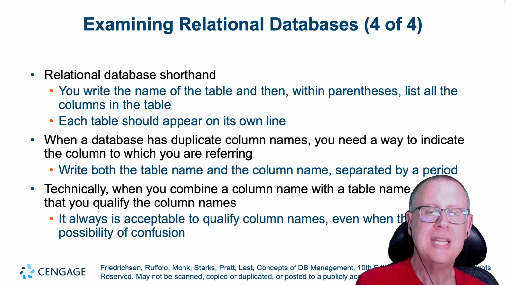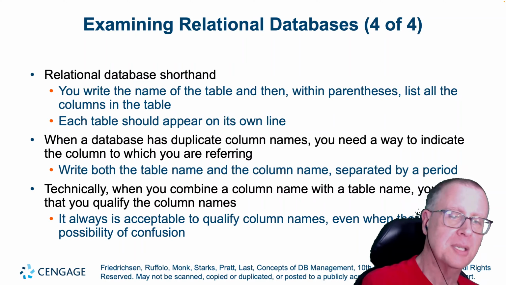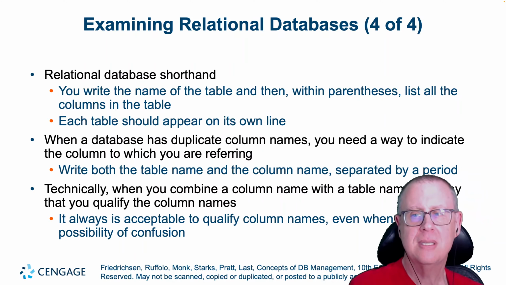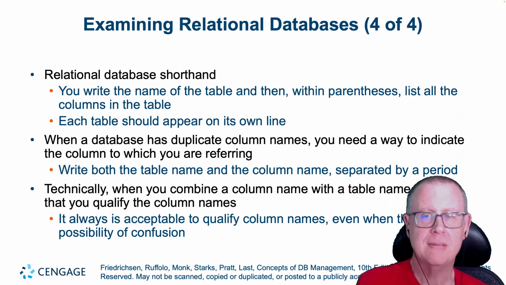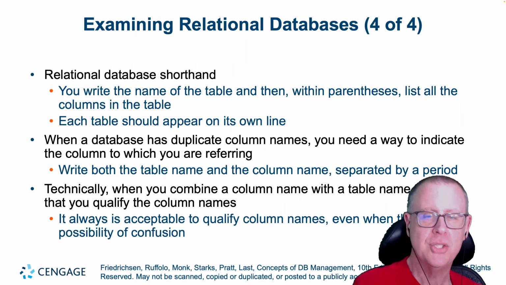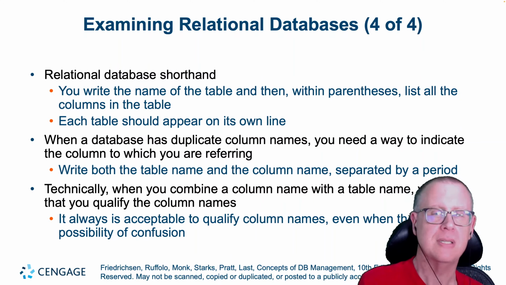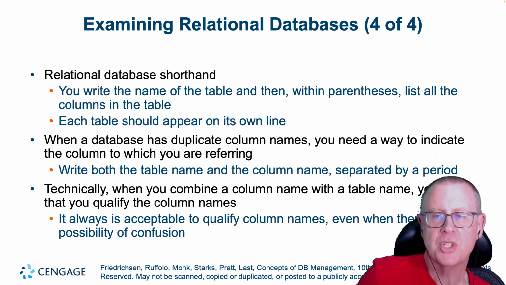So if we need to distinguish between the customer ID and the project ID, then we write both down, so customer.id or project.id when we want to distinguish between the two of them.